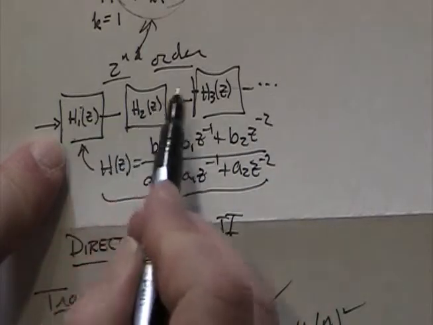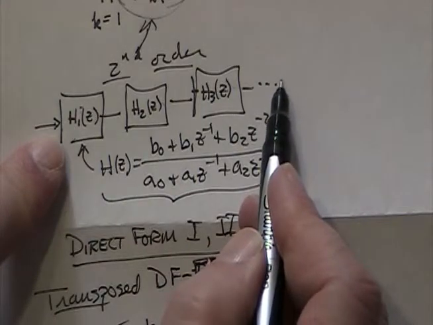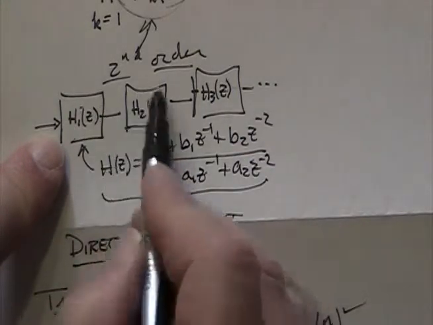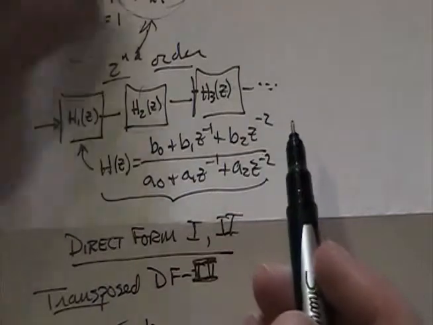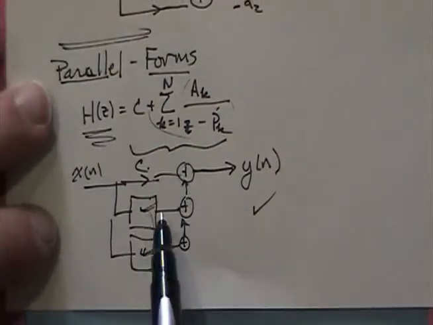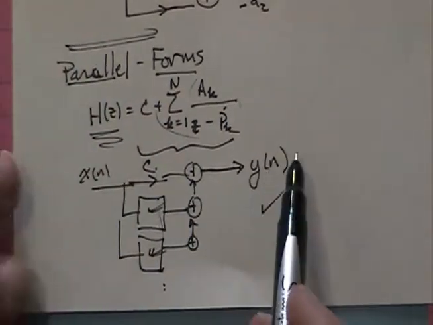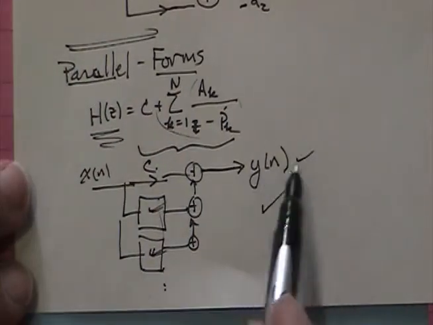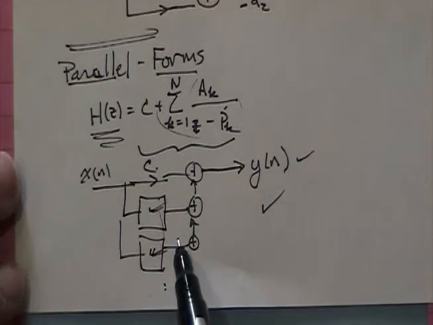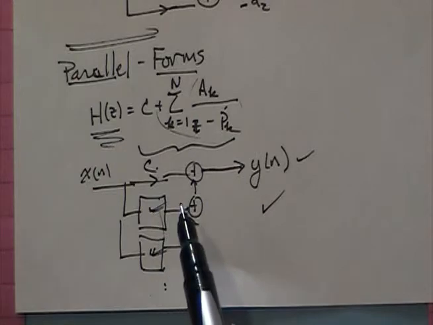And if I can get the zeros right in any given filter, I'm guaranteed they're going to be implemented correctly. If a given frequency is blocked in this filter, it's blocked from here to here. On the other hand, zeros are tricky to control with the parallel structure. You have to have some perfect cancellation between all of these stages in order to implement a zero. So zeros tend to be a little less stable for the parallel implementations. So the cascade ones are probably more common.